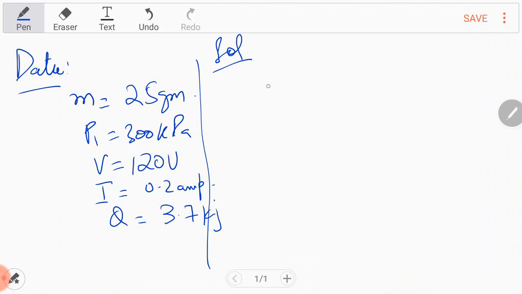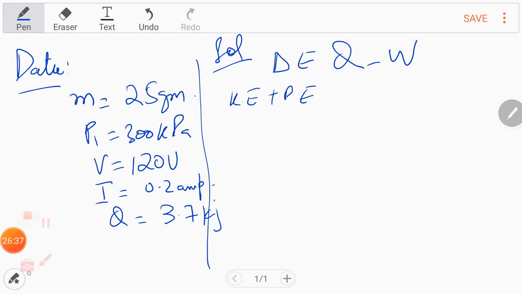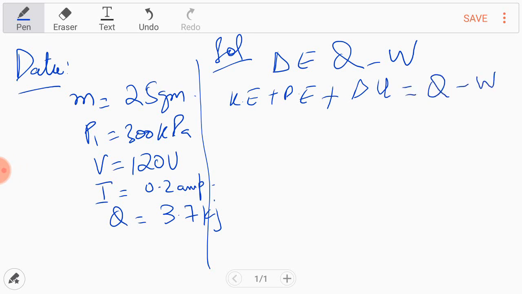First of all, we apply the same energy balance equation for the closed system, that is delta E of the system is Q minus W, and delta E is the sum of KE plus PE plus delta U, the internal energy, equal to Q minus W. Here we cut out this term.